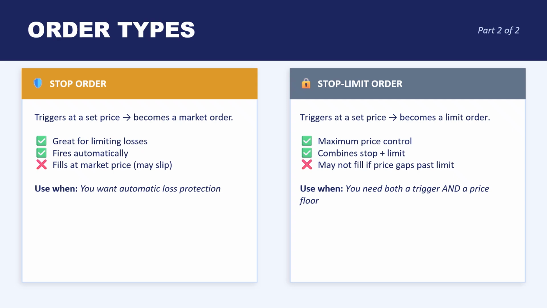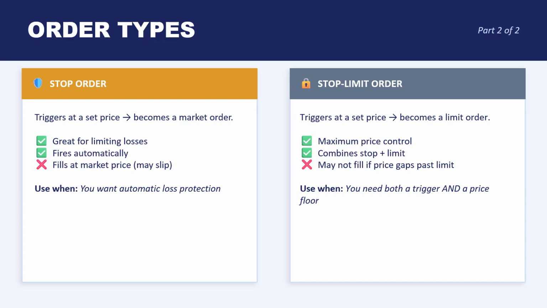Alrighty, so a stop order is really for risk management and triggers at a set price, and then it becomes a market order. Now, this is really great for limiting losses. You buy a stock at 50 bucks, you decide, hey, if it falls below 45, I want to get out, and you don't have to really watch. It's putting in automatic instructions saying, look, this is the most I want to lose.